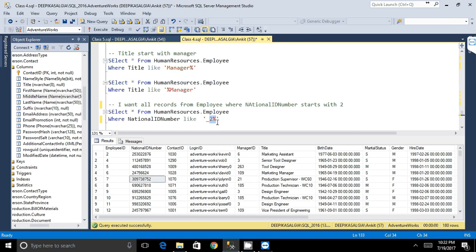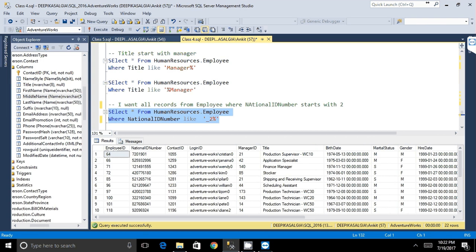So all I'm saying is this national ID number has to have 2 in the second place. If you run the query, you're going to get all those numbers that have 2 in the second place. Makes sense? So underscore means in here you can have one single character of anything.